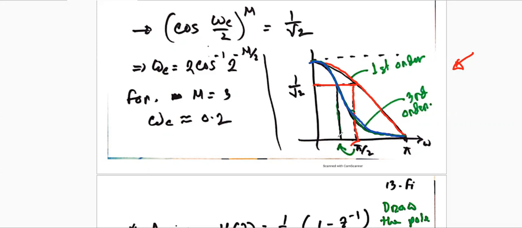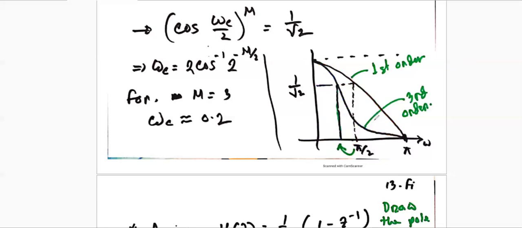Because in that case, the band of the pass band is reduced now. You can improve more, like this. So it is a more improved, good quality filter, because in that case, the pass band is reduced more. So how could you do that?